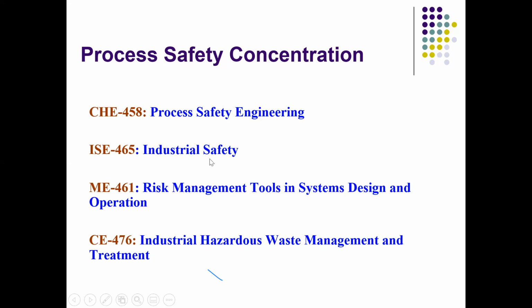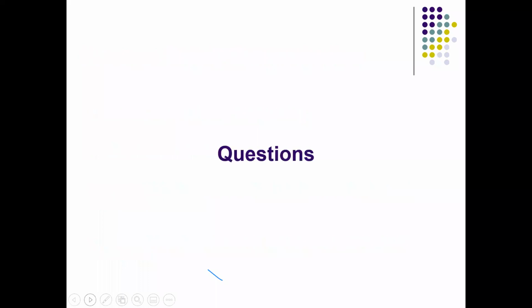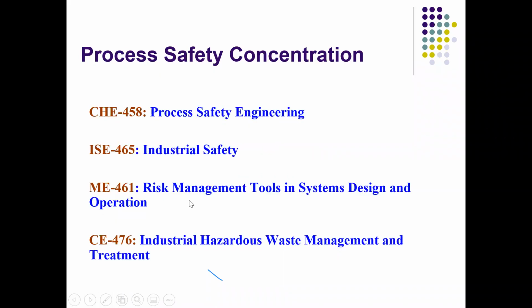Industrial safety, I guess, is mostly theoretical, and moreover, CE 476 is also mostly theoretical, talking about the technologies that can be used for hazardous waste management and treatment. So this is the overview of the process safety concentration, and what courses are being offered.